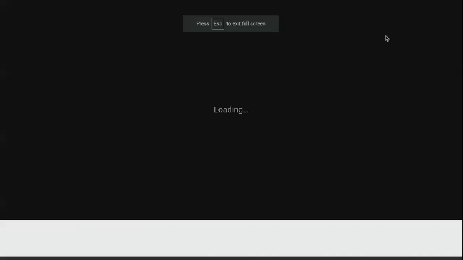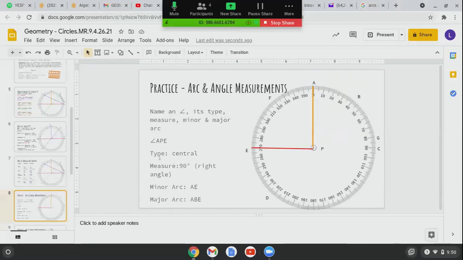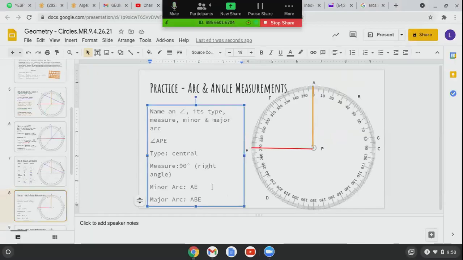So now let's go back and figure out the measure of the minor arc. It starts here, 270. So let's count. Since it's on the number, let's count by 10. We start here: 10, 20, 30, 40, 50, 60, 70, 80, 90. So the measure of the minor arc is also 90 degrees.